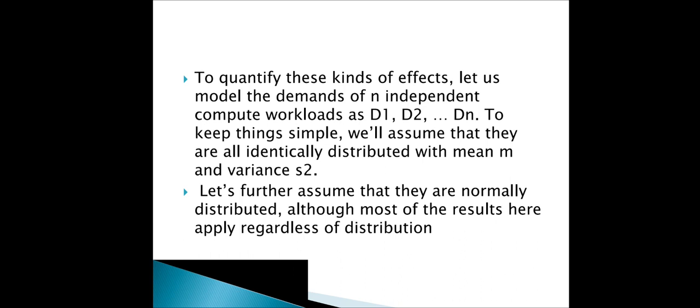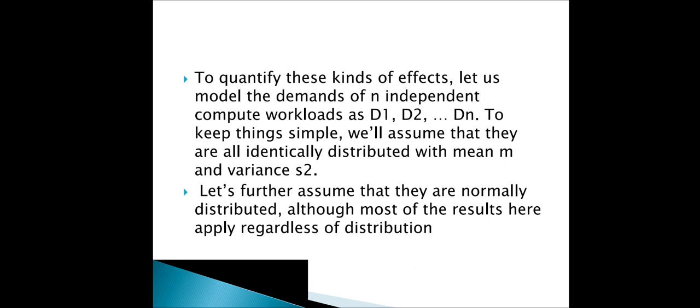To quantify these kinds of effects, let us model the demands of independent compute workloads as D1, D2, ... Dn. To keep things simple, we will assume that they are all identically distributed with mean mu and variance sigma squared.